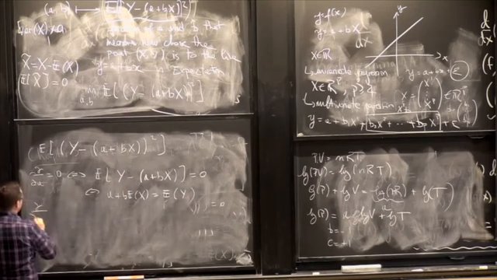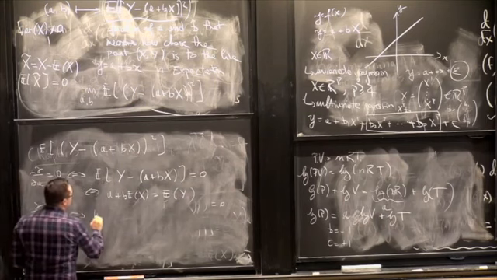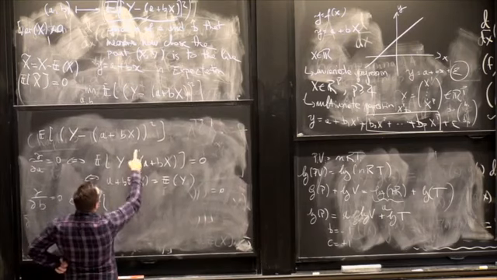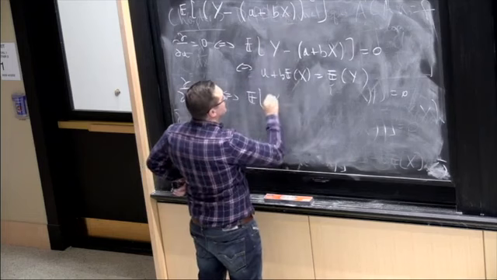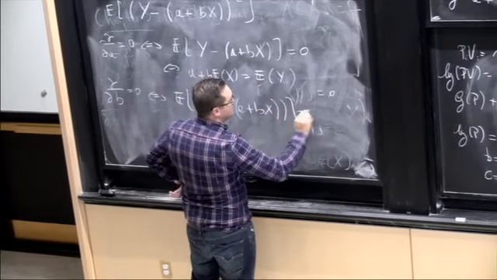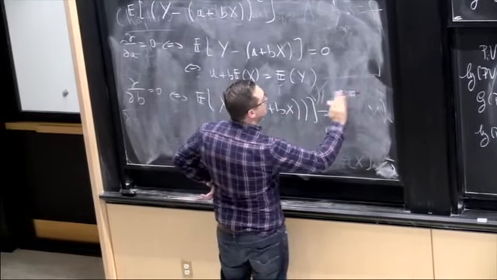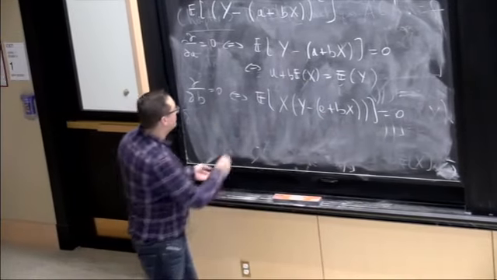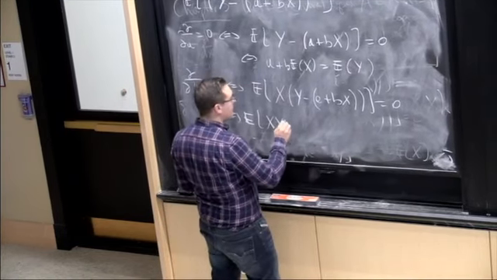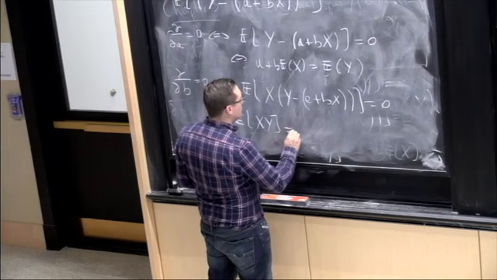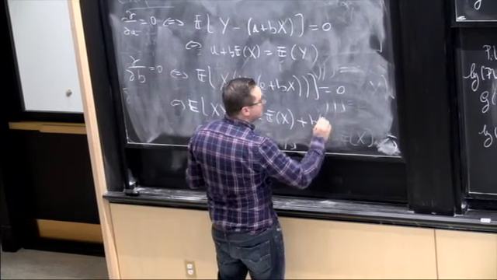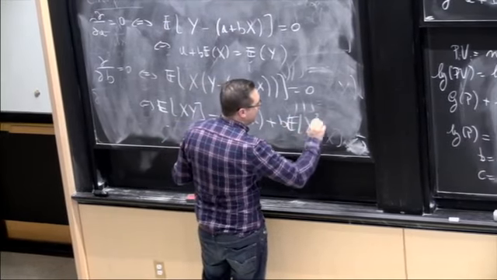Now, if I take the derivative with respect to b and set it equal to 0, it's the same thing, except that this time I'm going to pull out an x. This guy is equal to 0, and so that implies that the expectation of xy is equal to a times the expectation of x plus b times the expectation of x squared.